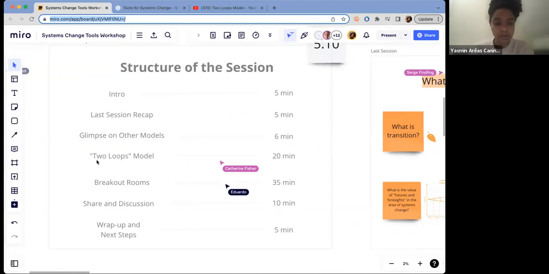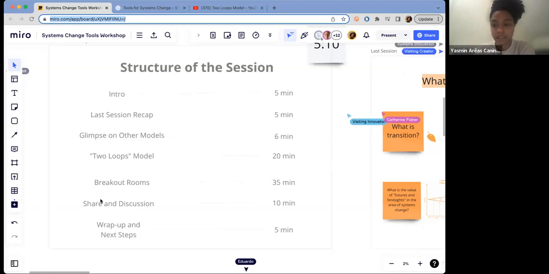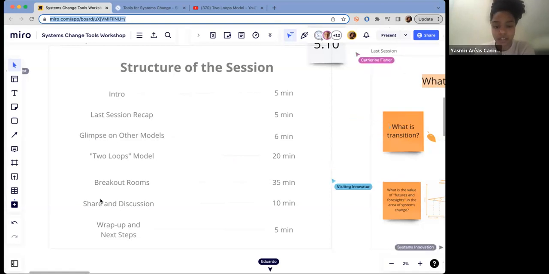Then we're going to present more deeply the two loops module that we're going to dive into. Then we have the breakout rooms, which will take 35 minutes. Then we're going to come back to the main room and share some of the insights that you had during your discussion, and then some wrap up and next steps.